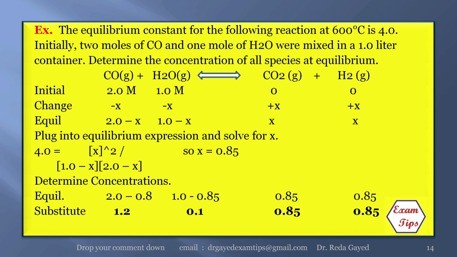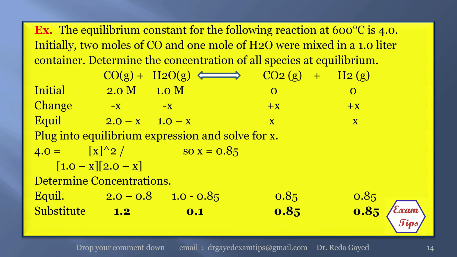Let us take another example. The equilibrium constant for the following reaction at 600 degrees Celsius is 4. Initially, 2 moles of carbon monoxide and 1 mole of hydrogen oxide, which is water, were mixed in a 1 liter container.